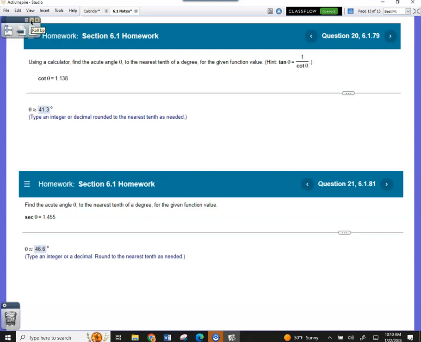So number 20 asks you to evaluate, let me write it bigger. If cotan of theta is 1.138, it says what is the measure of theta? To evaluate this, you need theta by itself. Cotan's got to go to the other side, right? Cotan inverse. But you don't have a cotan inverse button on your calculator.